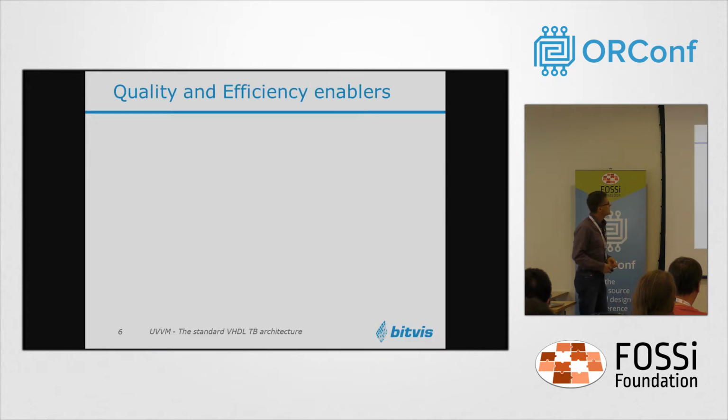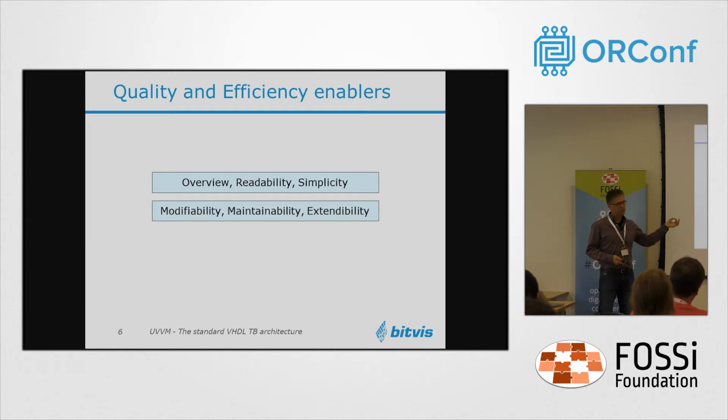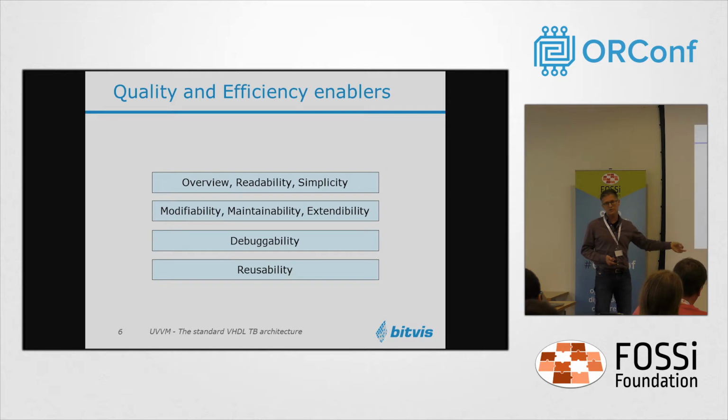But what I want to talk about is more complex test benches. And for that, I want to look at what actually enables quality and efficiency when you make test benches. It's overview, readability, and simplicity. It's modifiability, maintainability, and extensibility. Debuggability and reusability.